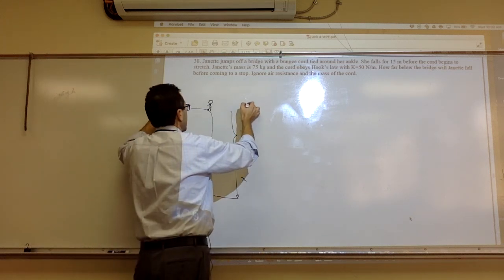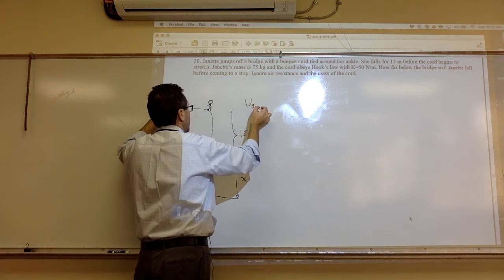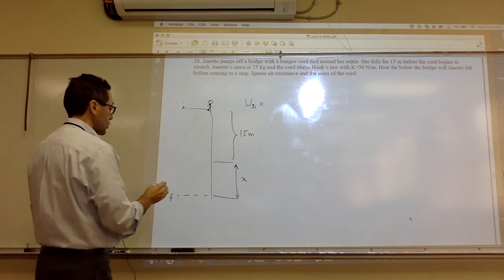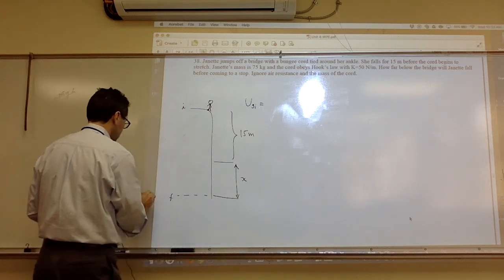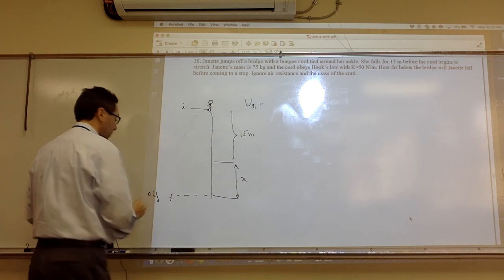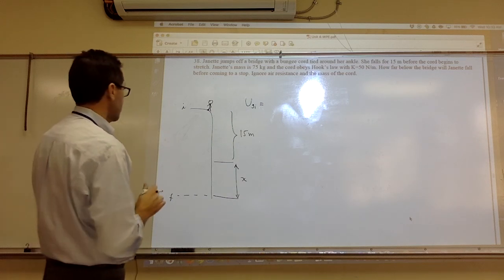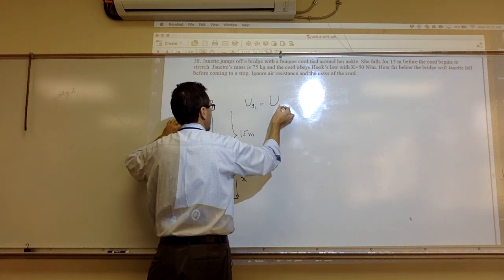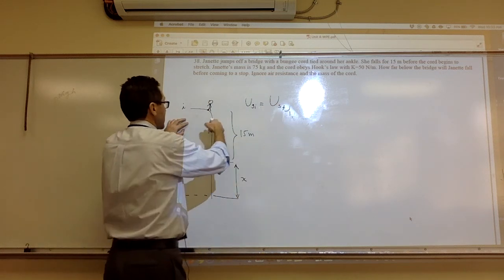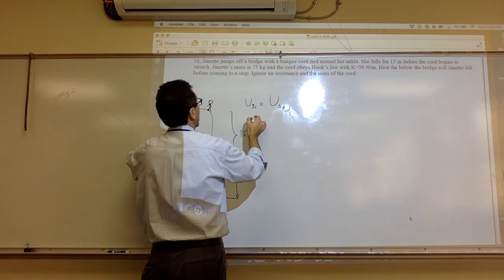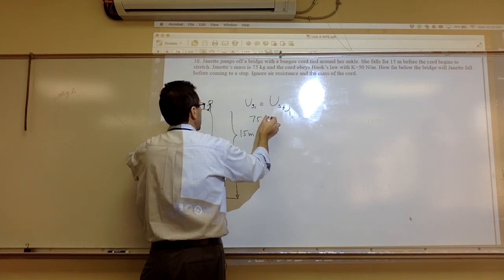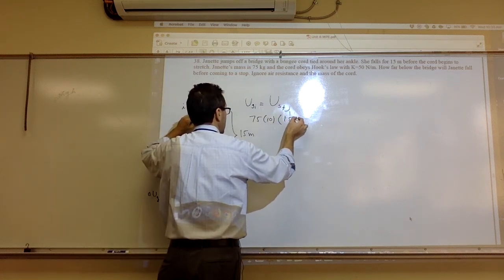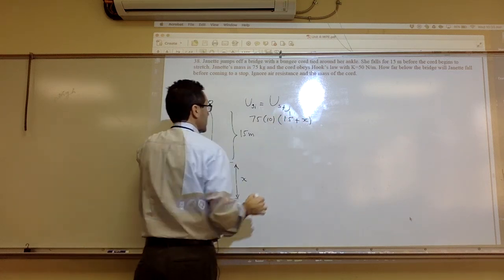So it's going to be UG at the top equals, now let's think about what we have at the very bottom. Here I'm going to look at this as my zero, my reference point for gravitational potential energy, equals energy stored in the spring at the very bottom. So at the top, she has mg. The height from this level is basically 15 plus the amount of stretch.